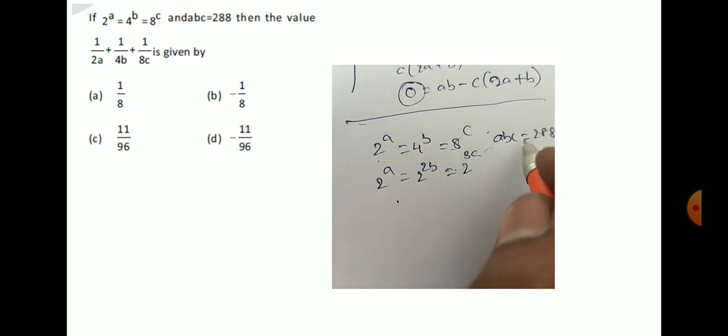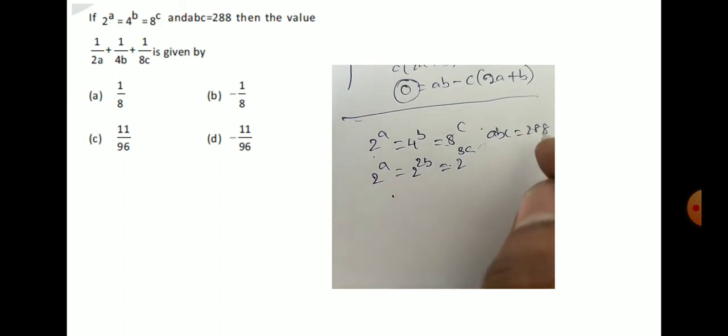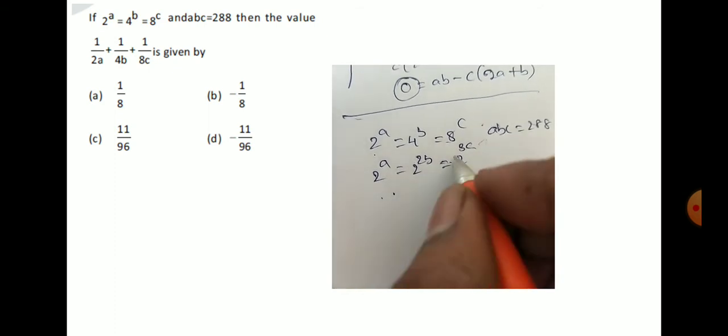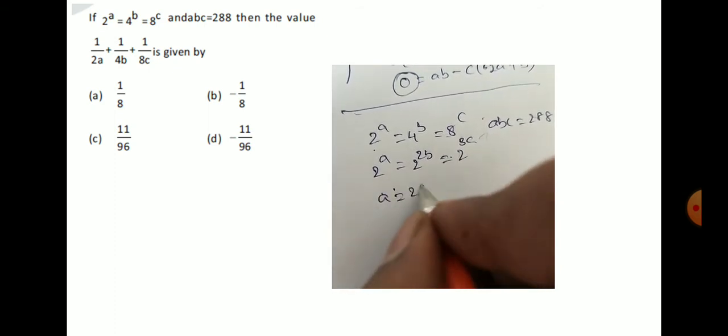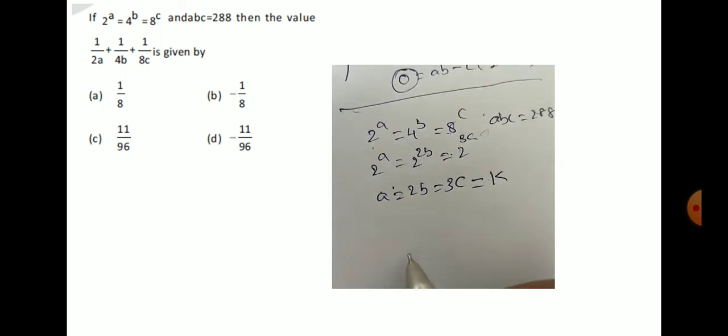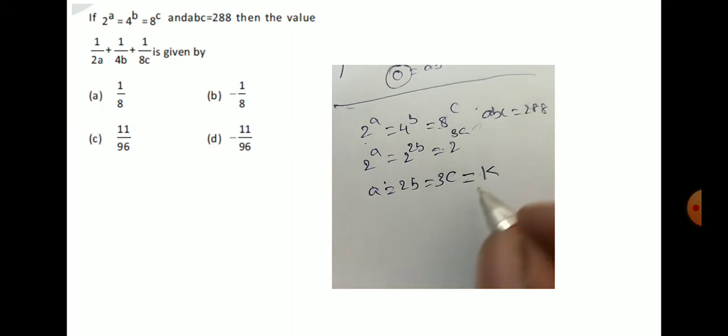They have given a into b into c is 288. For that, I can equate the powers. That is, a is equal to 2b is equal to 3c. I can equate it to k, right?